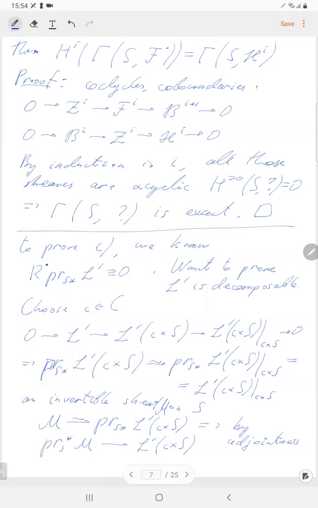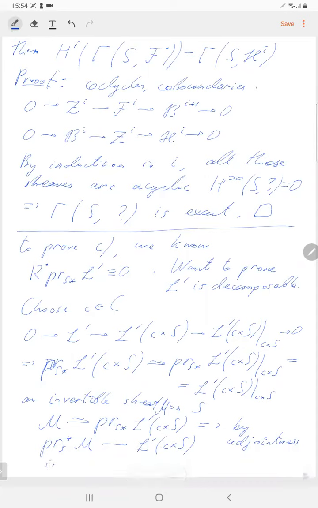Okay. And well, downstairs on the curve S, this map was an isomorphism, but certainly it does not mean that the map upstairs on the surface C times S is an isomorphism. It only means that this map is an embedding.